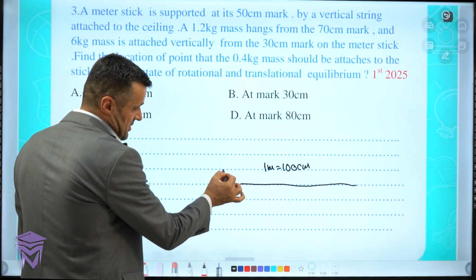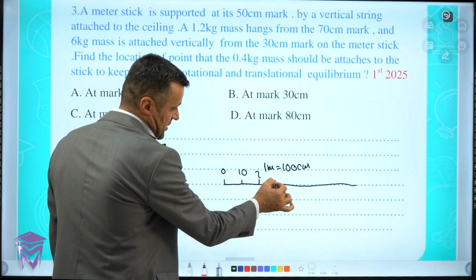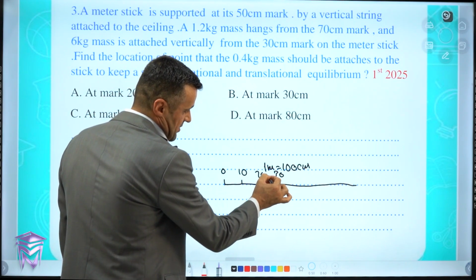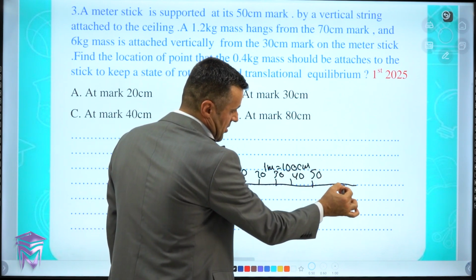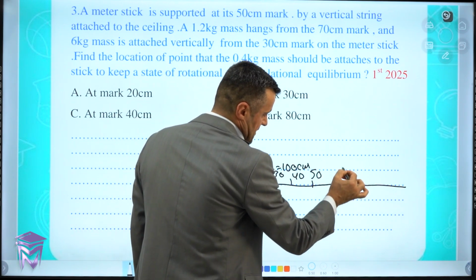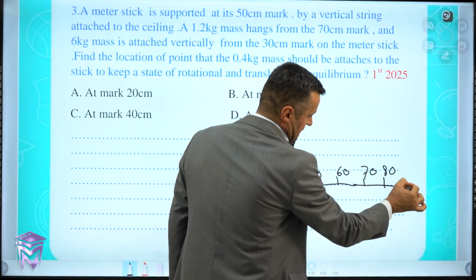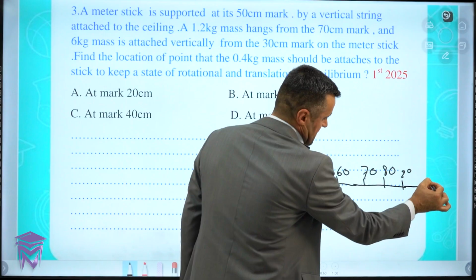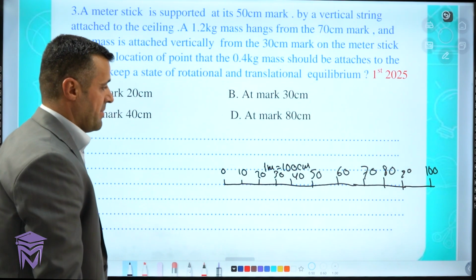This is the 0 mark, 10 mark, 20, 30 mark, 40 mark, the middle of the stick is the 50 mark, 60 mark, 70, 80, 90, 100 centimeter.